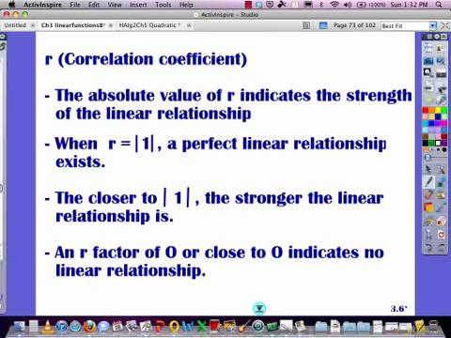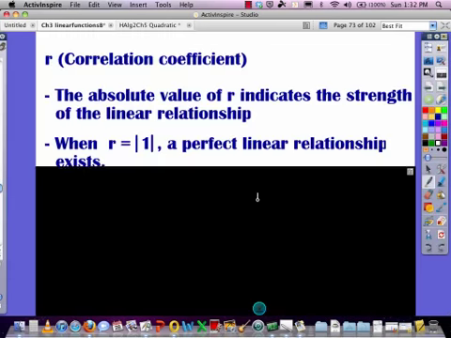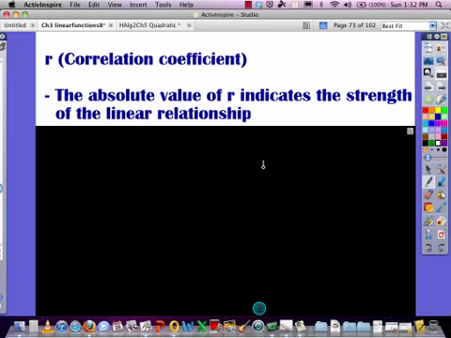Now, correlation coefficient, let's talk about it in a little more detail here. The first one is the absolute value of R indicates the strength of that linear relationship. What that means is, we just said R could be a positive or a negative value. Whether it's positive or negative just correlates to the slope. The absolute value of it indicates the strength of the linear correlation.